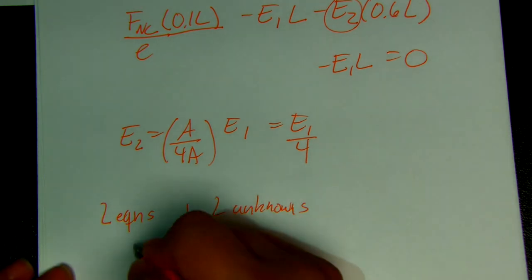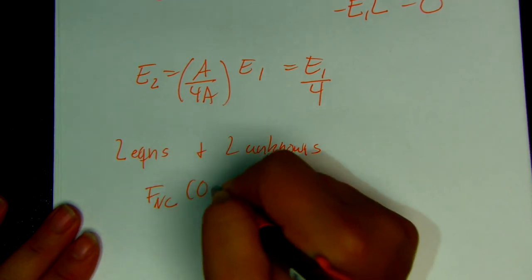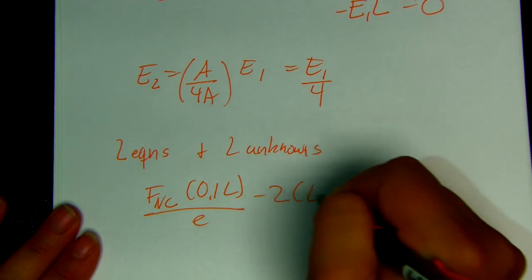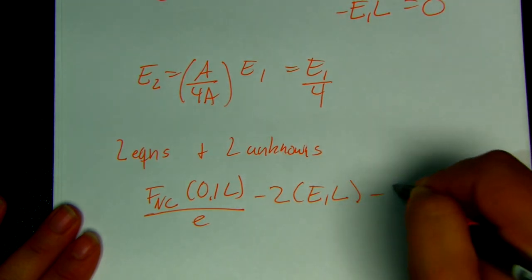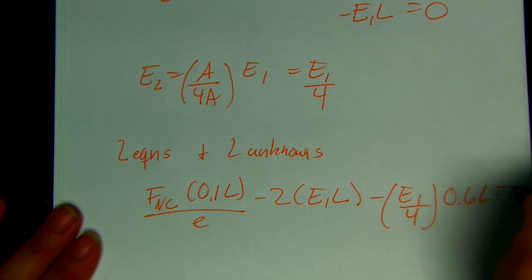So force non-Coulomb times 0.1 L over E minus 2 E1 L minus E1 over 4 times 0.6 L is equal to 0.